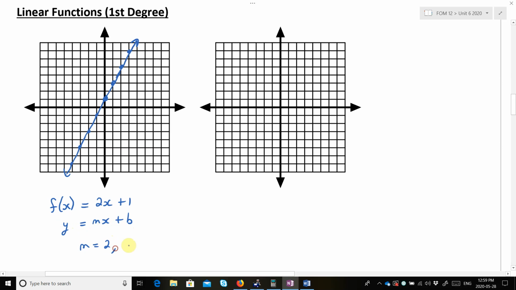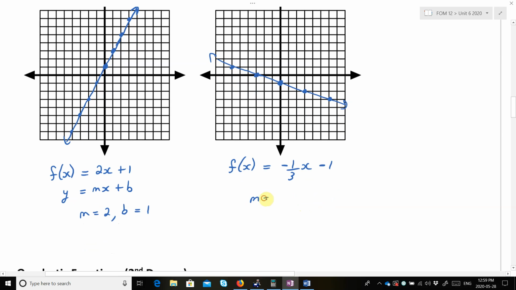That means that our slope is 2 and b, our y-intercept, is 1, as we can see from the graph. Another example would be something like this. This is f of x equals negative 1/3 x minus 1. The slope is negative 1/3, and b, the y-intercept, is negative 1.